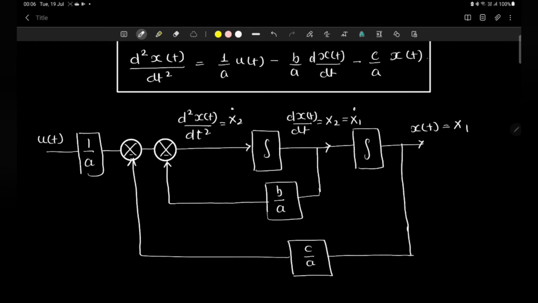This is the representation of this equation: 1 by a u of t minus b by a dx by dt minus c by a x of t will give you d square x by dt square.